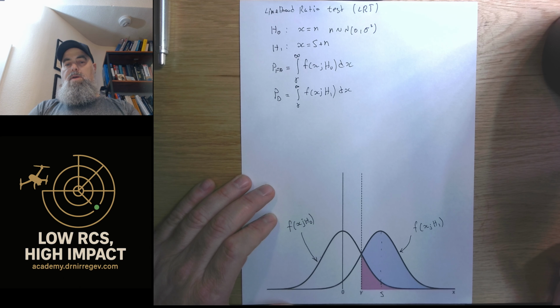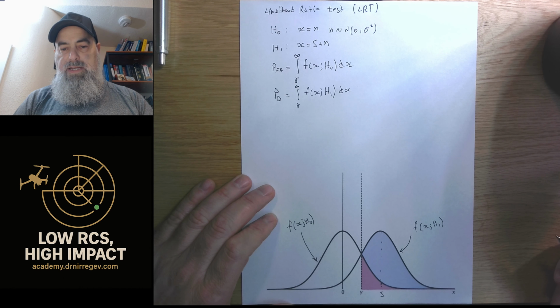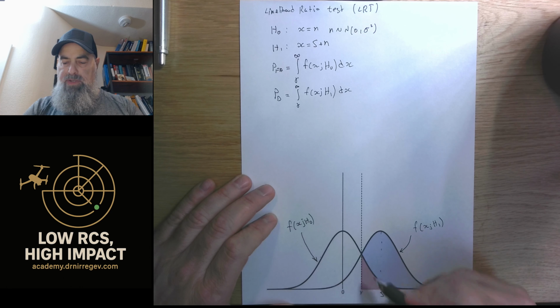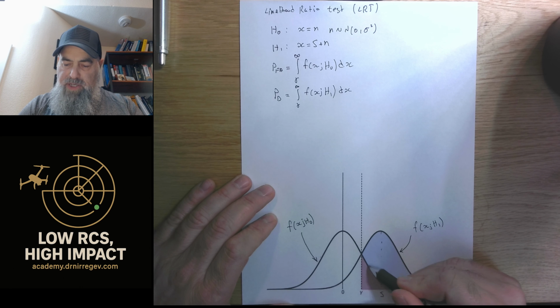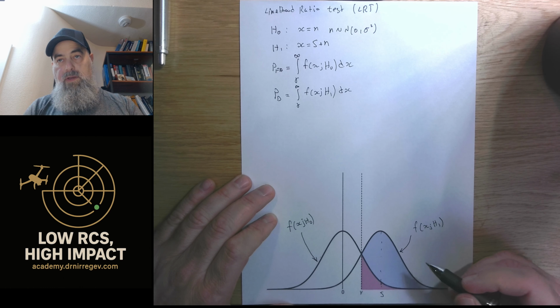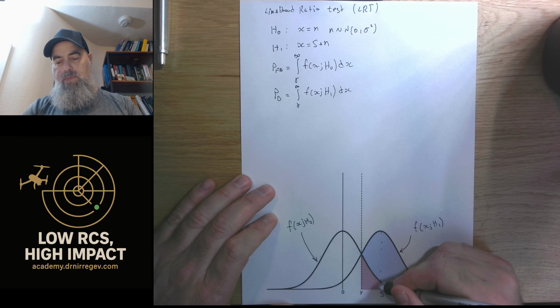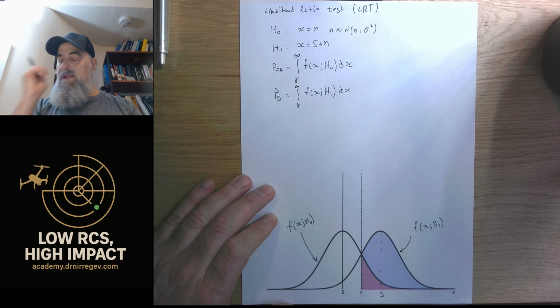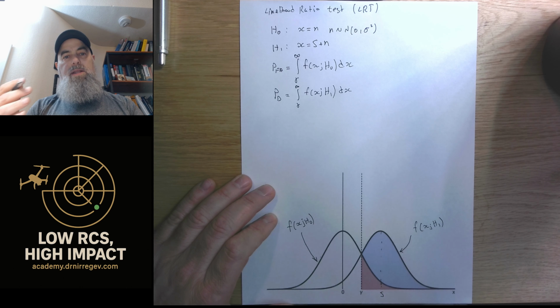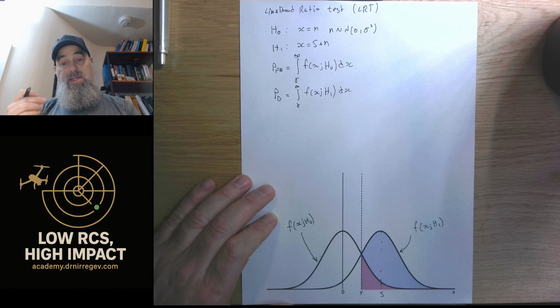Okay, so noise samples can also be generated from this tail with low probability, hopefully, but it can happen. So this tail represents all the false alarms, all the noise samples that we will decide that they are signals falsely.